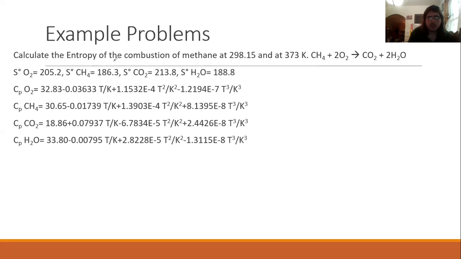So delta S is going to be equal to 188.8 times 2 plus 213.8 minus 186.3 minus 205.2 times 2. All right, now I got the first part is negative 5.3.